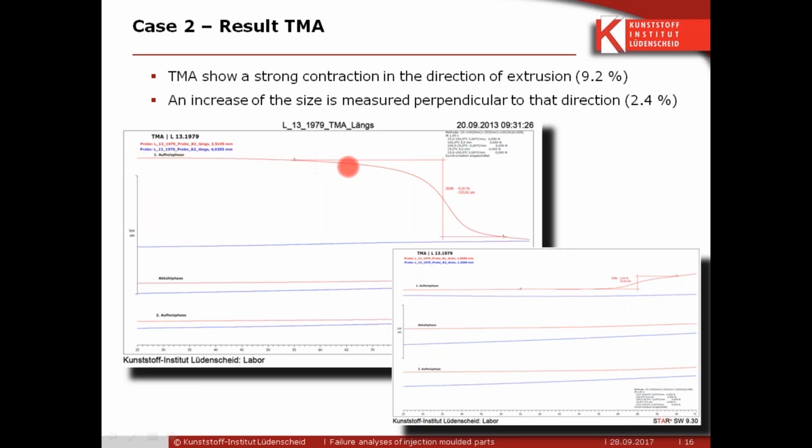Everyone thought, well, 5 degrees should not make a big difference. 50 degrees is below the typical glass transition of a hard PVC, which is about 80 degrees. So nobody thought that this might be a problem. But it was a problem.